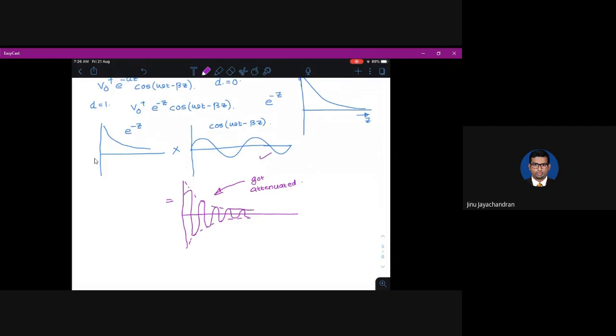This is coming only because there is an e raised to minus alpha z and there is a constant value for alpha. So alpha you can always take as positive. So alpha is called the attenuation constant, and beta is called the phase constant.